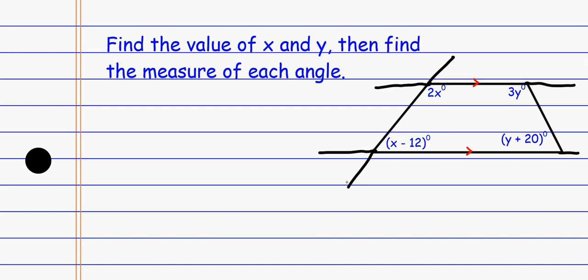Now, can you see that 2x and the x minus 12 as a pair of same-side interior angles? Okay, which means these guys add up to 180. And again, you can scoot one of those guys around if you want. If you'd rather label one of the corresponding angles and then do this plus this equals 180, that would be fine as well.